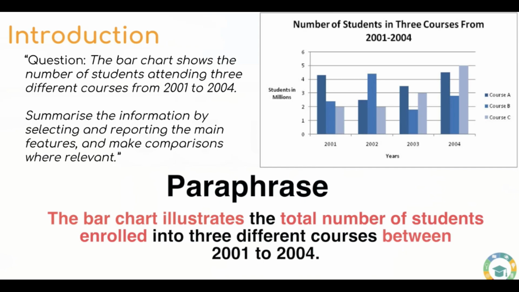The number of students has been changed to the total number of students, and I've used the synonym for attending, which is enrolled. My final change was to swap from to between, which is a top tip and something that you can use often. I do recommend that your introduction is no longer than 2 sentences.